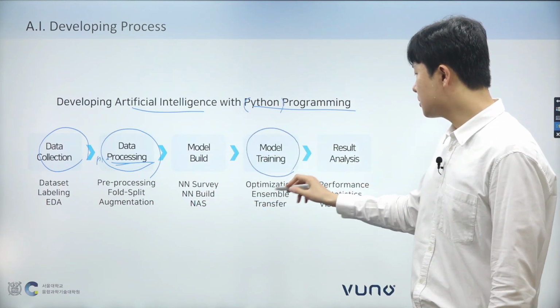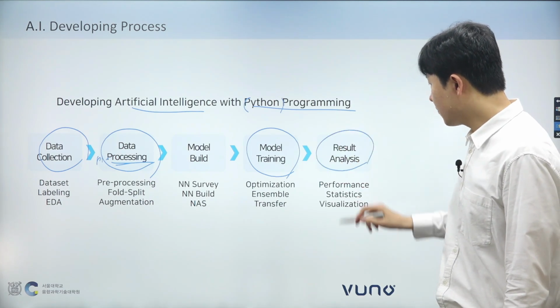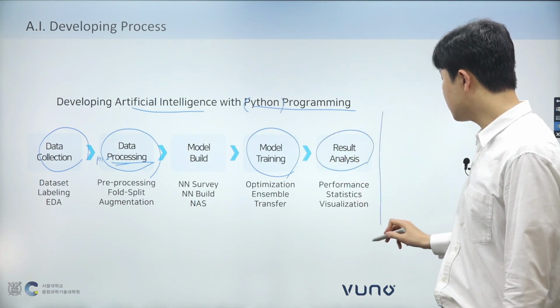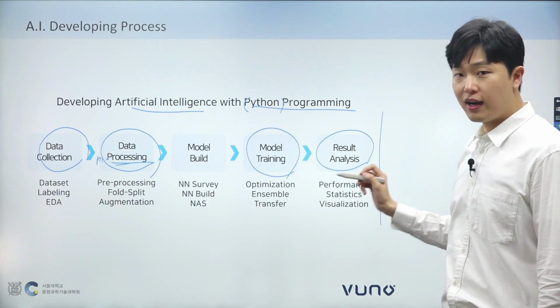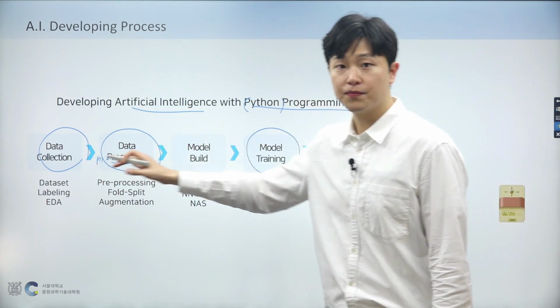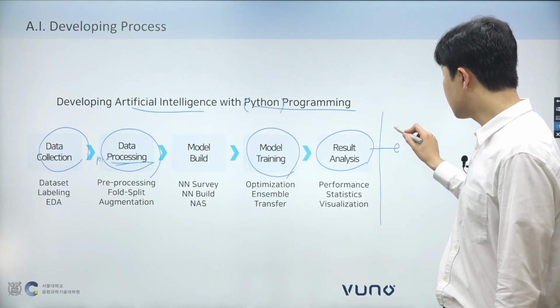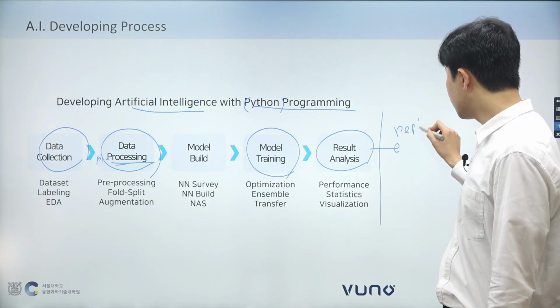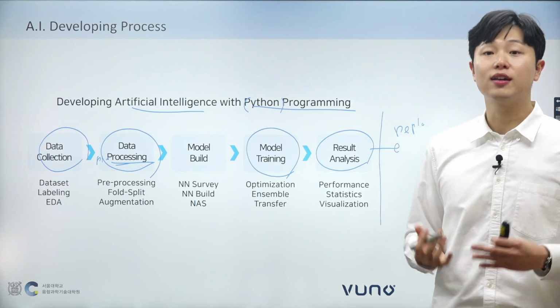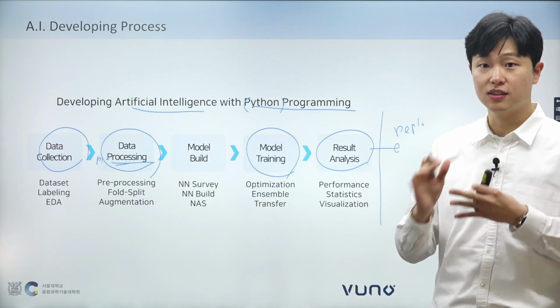Then, we train a model, and once the model is trained, we analyze its performance using various statistical methods and visualizations. Then, if the model performs well on the test set, it might be ready for the next stage, which is deployment.